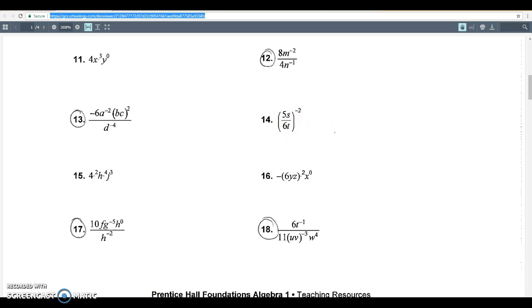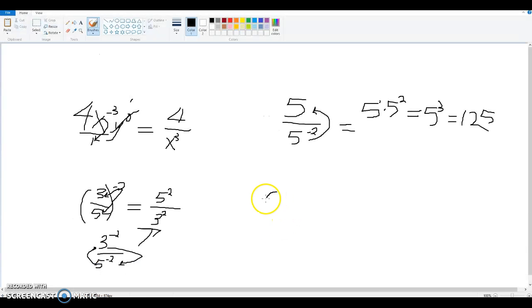Let's do number 14: 5s over 6t to the negative 2. Okay, this negative 2 applies to everything. It applies to the 5, to the s, to the 6, and to the t. So we're going to move this 6t up because this is a negative exponent.